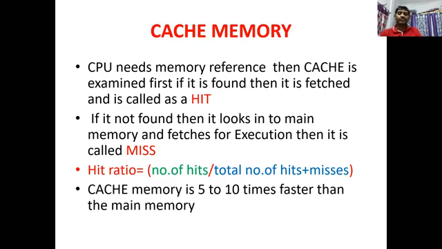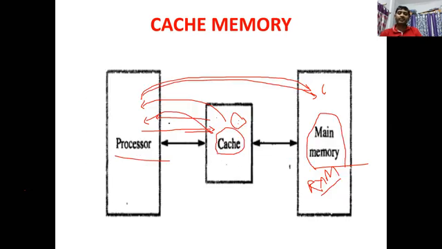Generally, the hit ratio is calculated as the number of hits, that is, wherever the memory reference is available in the cache, divided by the total number of hits plus misses. Hits plus misses means the total number of memory references made. For example, the CPU wants to execute 3 instructions.